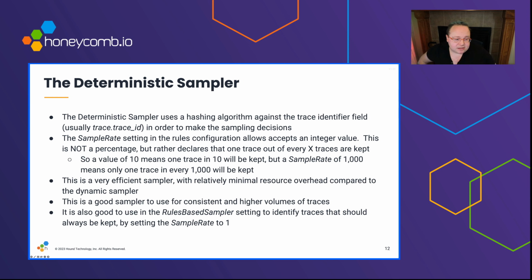So you want consistency in order to use this sampler. We also use it within our rules-based sampler, which I'll talk about later, to not sample specific data. So you can actually set the sample rate to 1, in which case it keeps every 1 out of 1 trace, and it doesn't drop anything.